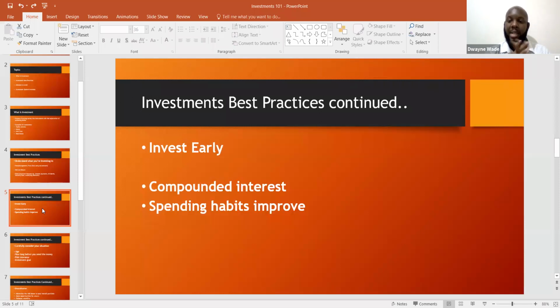One of the other best things to do where investment is concerned is to invest early. What is early? To me, early is as soon as you learn about it, you start, right? Investing early can benefit you in a number of ways. It can improve your spending habits.